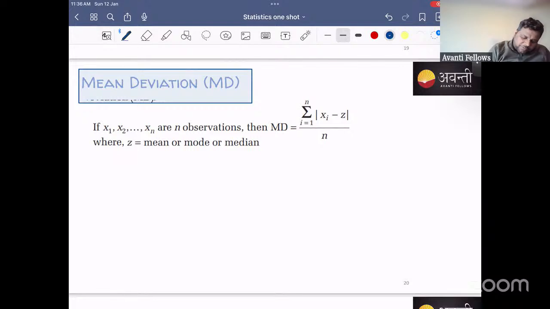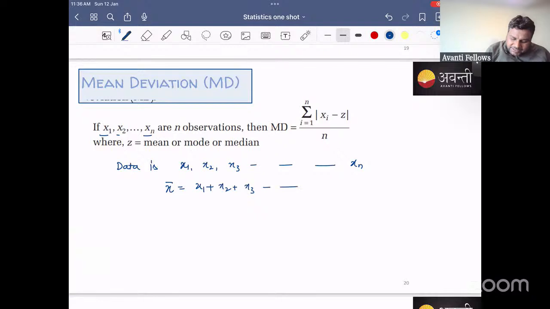So if you have observations x1, x2, x3 up to xn, now you calculate mean. Mean is x1 plus x2 plus x3 up to xn whole divided by n.